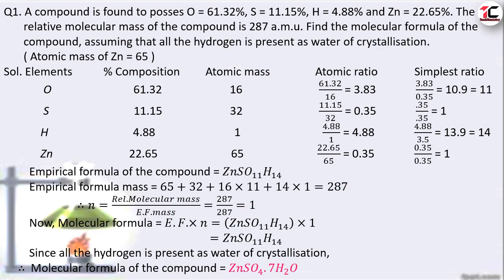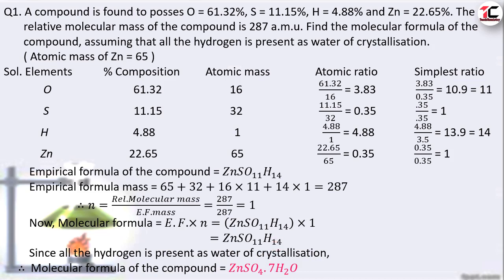Now molecular formula of this compound, empirical formula into N. Empirical formula is ZnSO11H14. N is 1. So it is ZnSO11H14. But hydrogen is present as water of crystallization. Here 14 atoms of hydrogen.